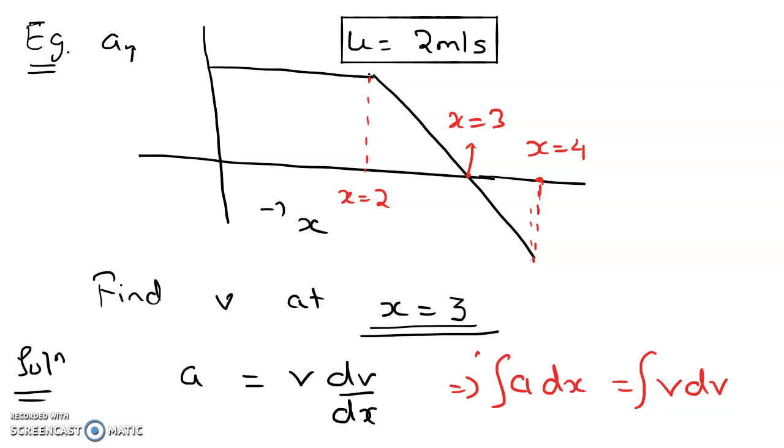Now just look at this. What is a dx? Integration of a dx is the area, and we can integrate this easily. So let me solve it on another page. a dx is the area till x equal to 3. What is the area there? You can solve it: that rectangle, 20 plus 5.